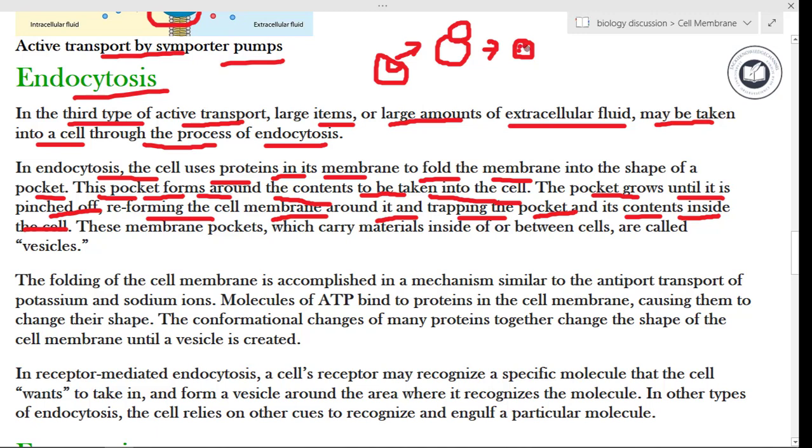These membrane pockets, which carry materials inside of or between cells, are called vesicles.